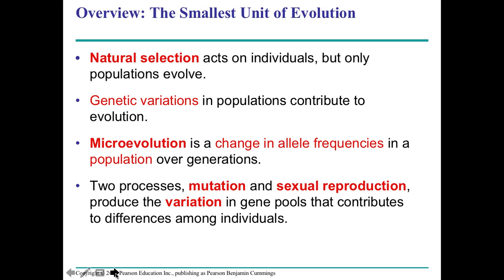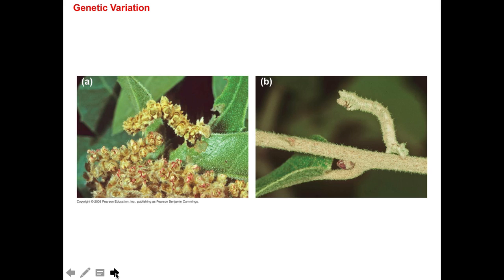If you remember from our genetics unit, alleles are just different forms of a gene, and you can have dominant and recessive alleles. Then there are two processes, mutations and sexual reproduction, that actually produce these variations, these changes in the gene pools that contribute to differences in populations and individuals.